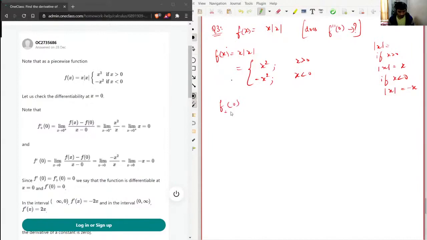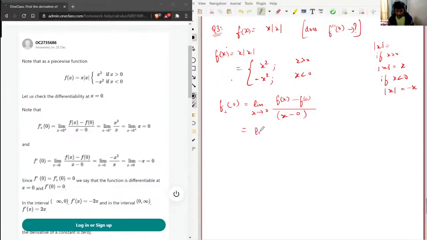So f prime of 0 from the right side is limit x approaching 0 of f of x minus f of 0 over x minus 0. This is going to be the first function, which is x square.